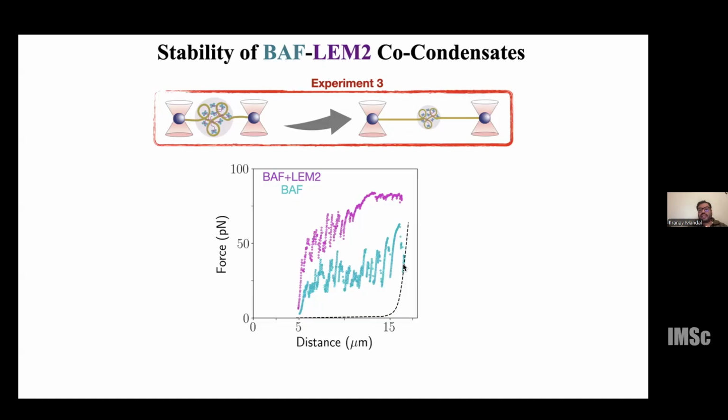What it means is that we can completely unravel the DNA from the BAF condensates at around 40 piconewton. However, this magenta curve doesn't merge with this WLC line. What it means is that around this force of 60 or 65 piconewton, we still have condensates that are not getting dissolved away.